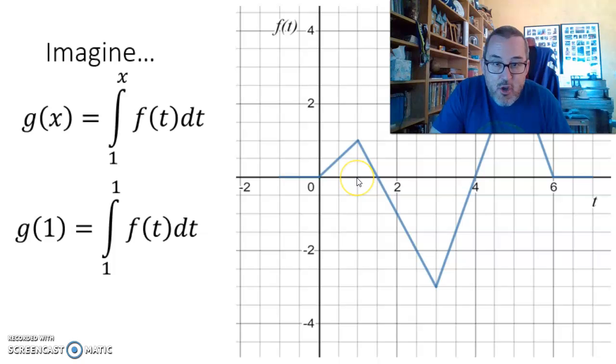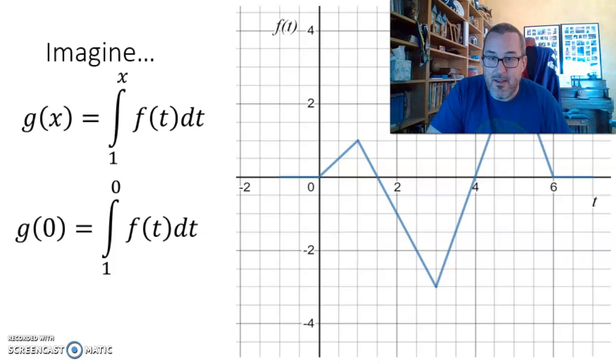So imagine accumulating area between 1 and 1. There's no area accumulated yet. So what we would say is that g of 1 is equal to 0. If you input a value of 1 for x into this function, you're going to output a 0 in this case. So when x equals 1, the output should be 0. We'll see that in a little bit.